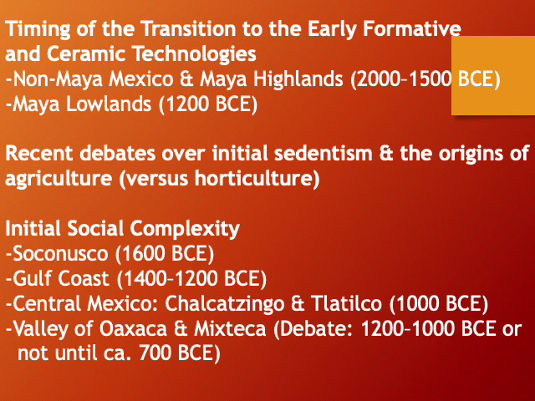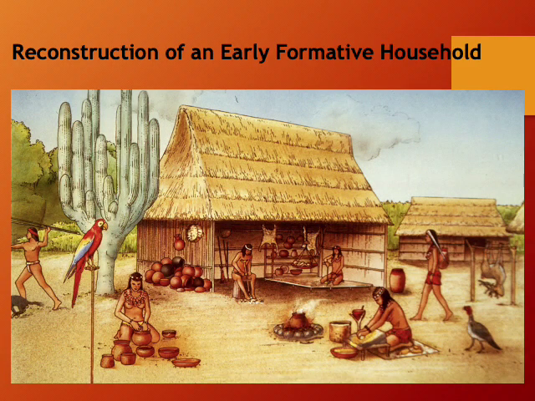And then we see it later for the Olmec region in the Gulf Coast that I just showed you on the map, and then even slightly later in central Mexico and in other parts of the highlands of Mesoamerica, such as in Oaxaca.